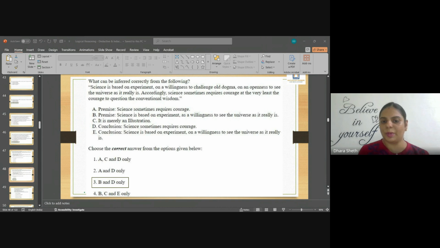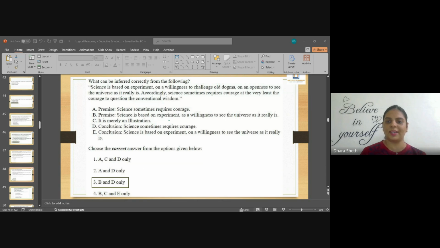Science is based on experiment, on a willingness to see the universe as it really is. That is your starting point, your premise. The conclusion is that science sometimes requires courage. That is your inference here. Okay?